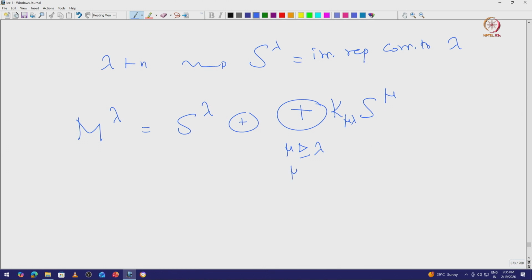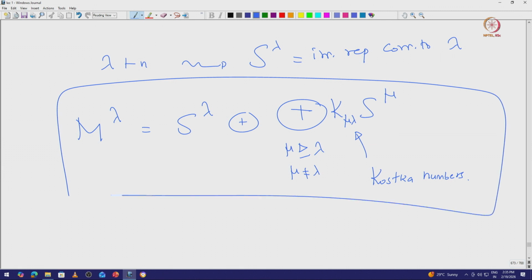Okay. And these multiplicities of S mu inside M lambda are called Kostka numbers. And it is an important problem in representation theory to actually get an explicit formula for these Kostka numbers and so on. Okay, this is something ultimately we want to prove.